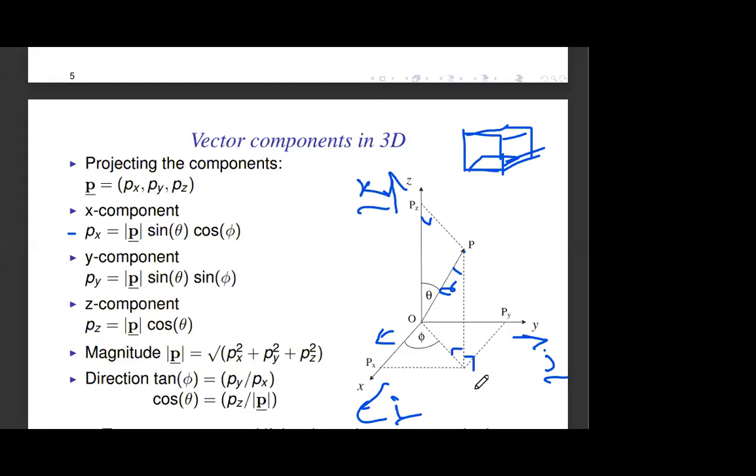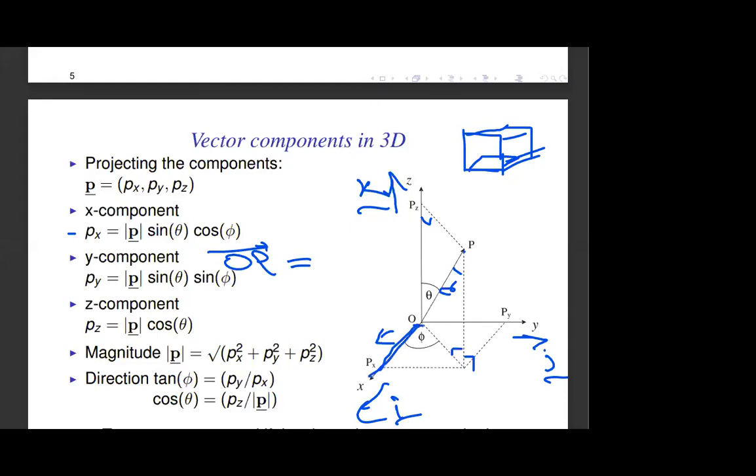And then you are able to define this OP vector. The OP vector, what is the magnitude of this? I will call it Px, right?